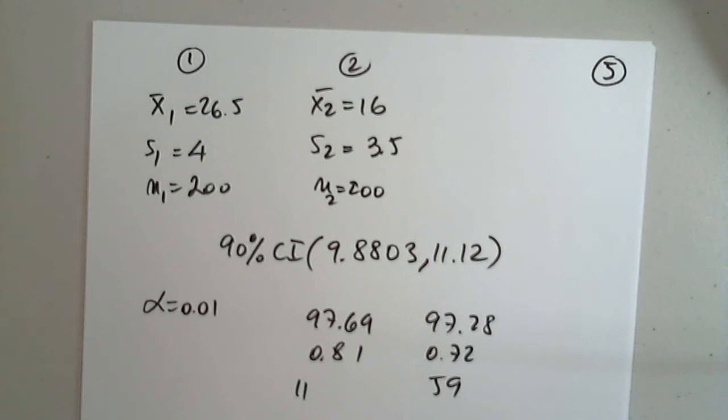Then I'll enter 0.81, and then 11, and then 97.28, and then 0.72, and 59, and we want greater than, careful, we want that, and I want to draw, you know me already, I prefer to draw. I want to see the shaded p-value.